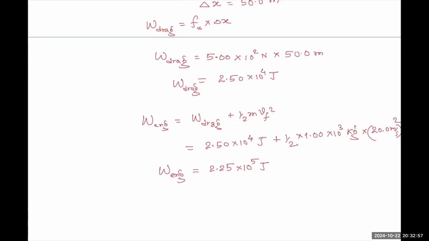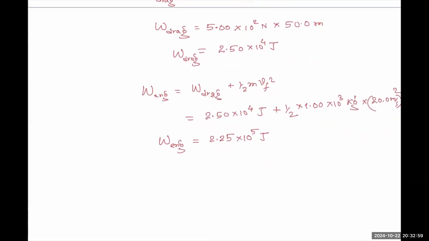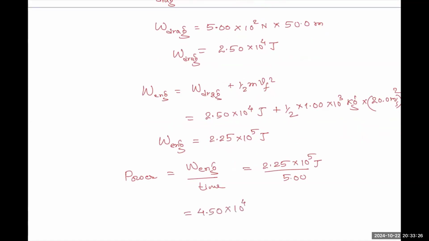Make sense? So that means my power is work due to engine divided by time: 2.25 times 10 to the power 5 joule divided by 5 seconds, right? So now this is 4.50 times 10 to the power 4 watt.